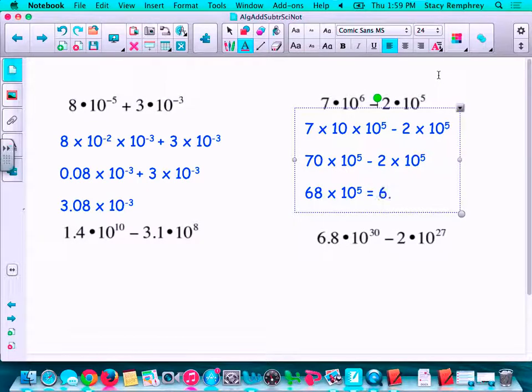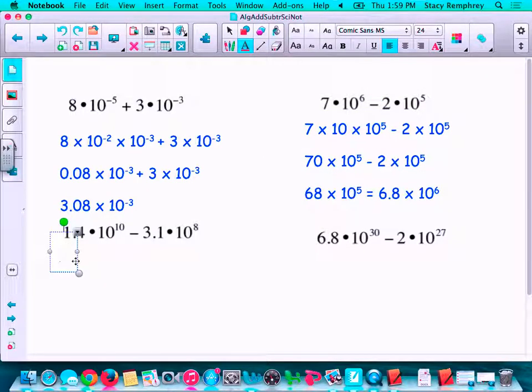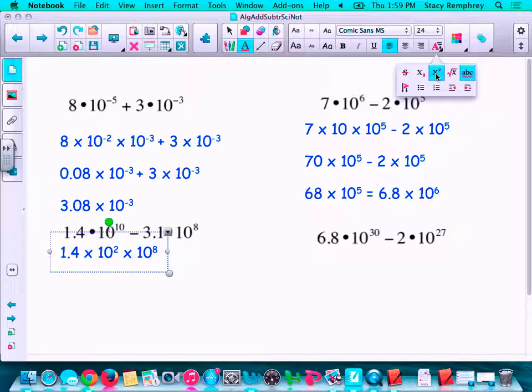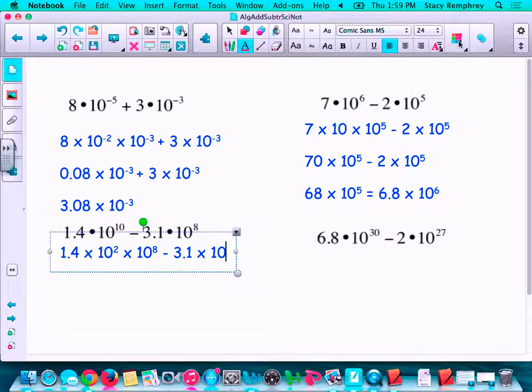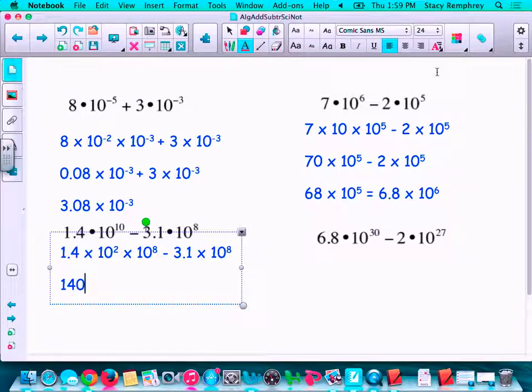And then change it to scientific notation. Over here, same idea. I'm going to regroup my powers of 10. I'm making sure one of my groups has the same group of 10s as the other one. Okay, 1.4 times 10 squared is 140.